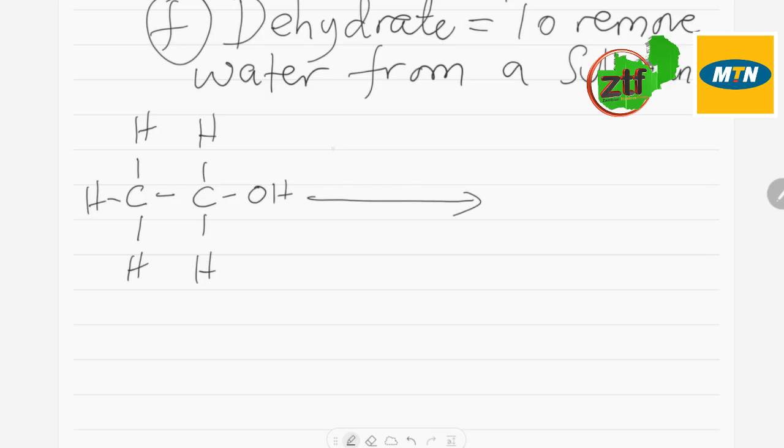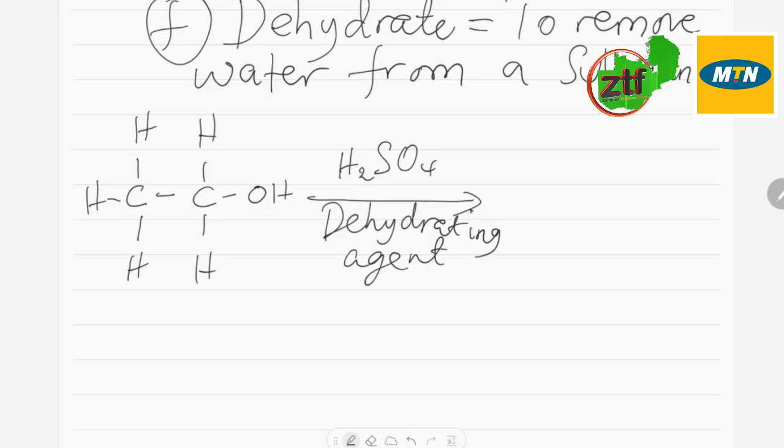If you add H2SO4, which in this case is a dehydrating agent, what happens?